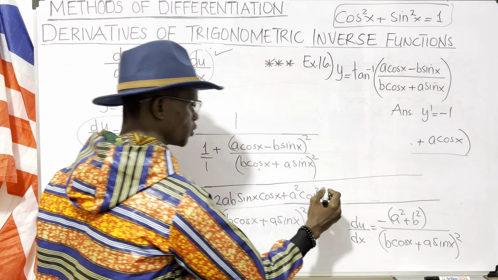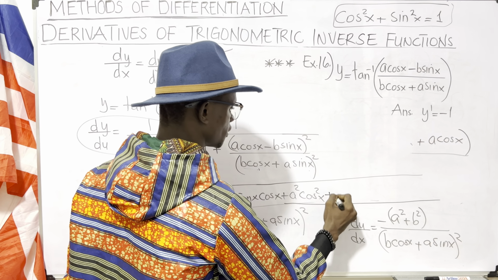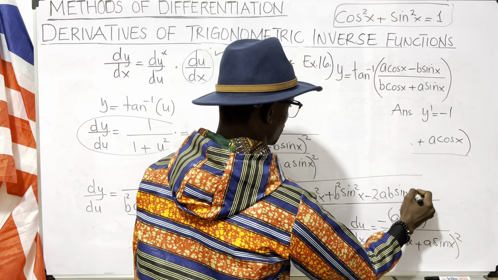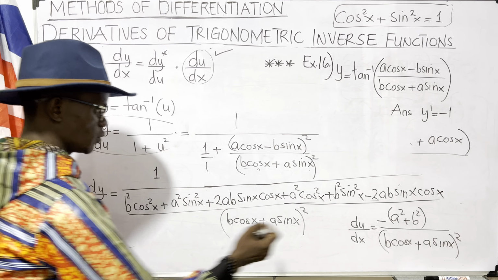The second term all square: if you square this one, it gives you positive b square sine square x. Then you say 2 times this and this. Because this is negative, we just have negative 2ab sine of x cos of x. So we see that the last term here can cancel this one.